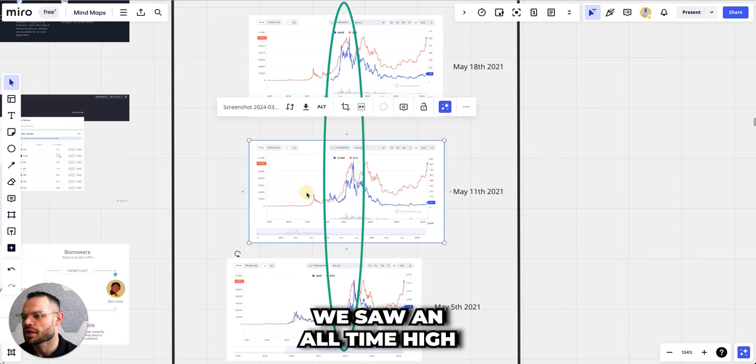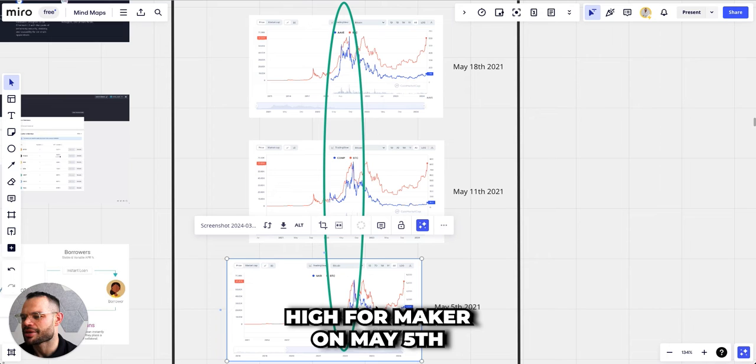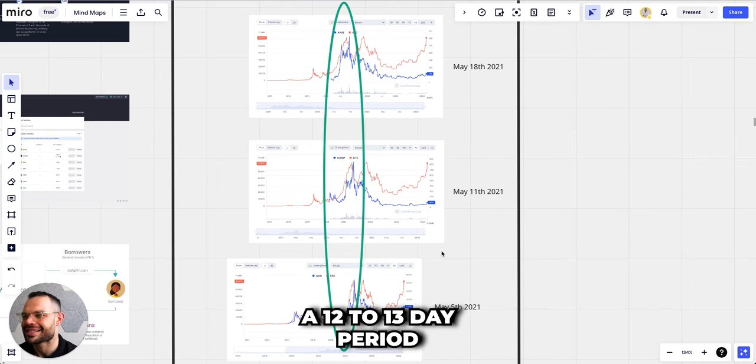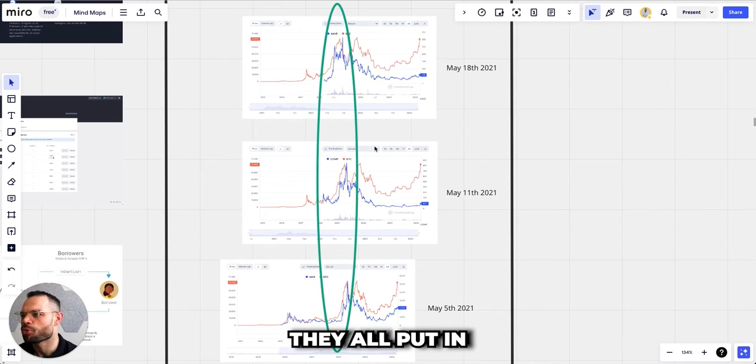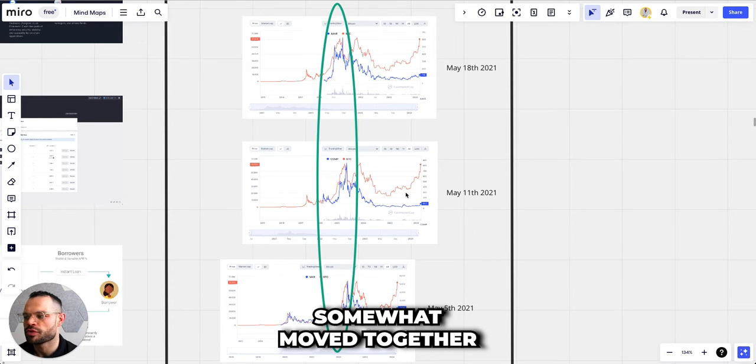We saw an all-time high for Compound on May 11th, and we saw an all-time high for Maker on May 5th. So within a 12 to 13 day period at the height of the previous bull run, these tokens all put in new all-time highs, and they all somewhat moved together.